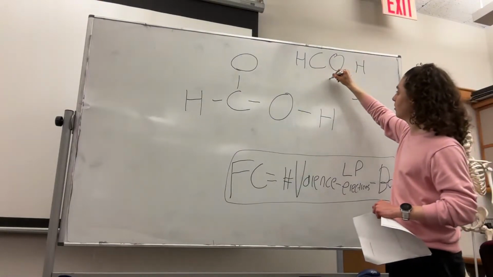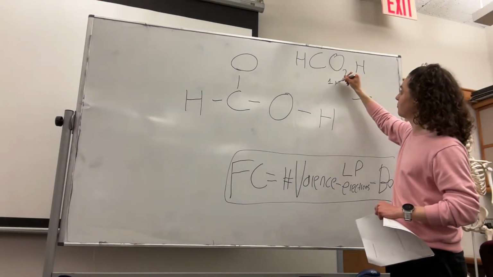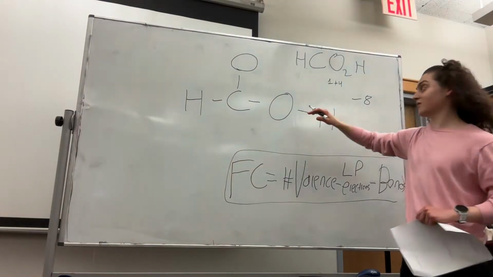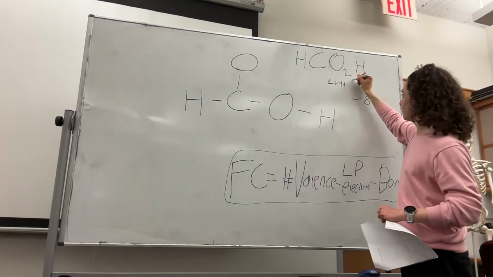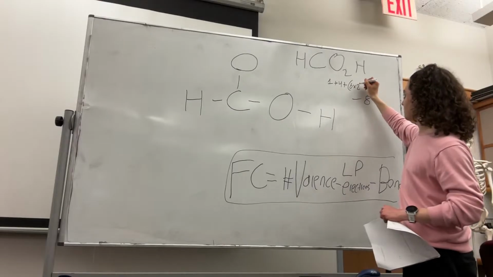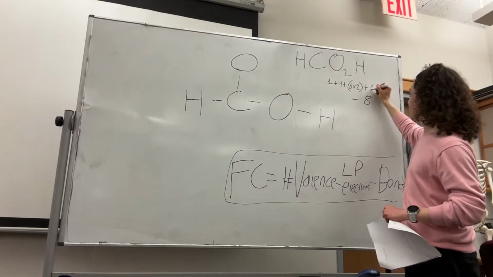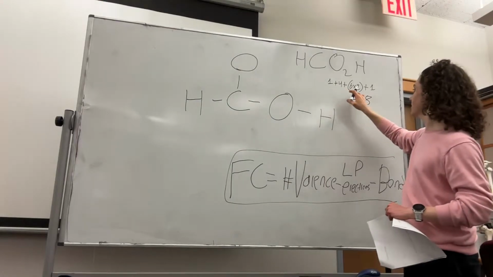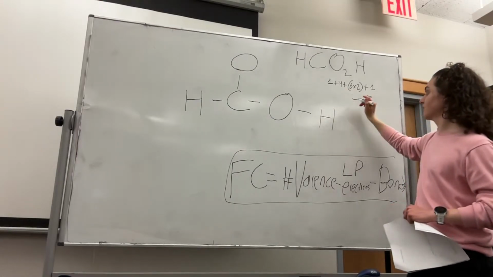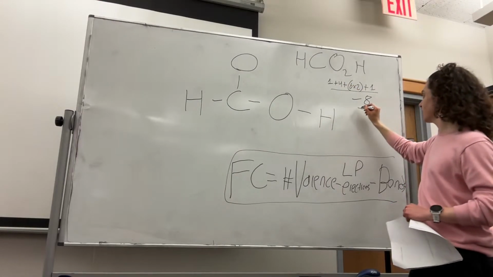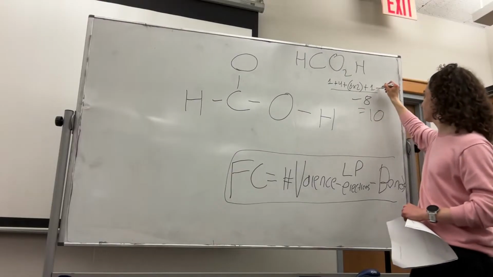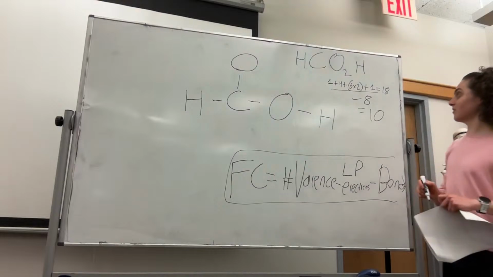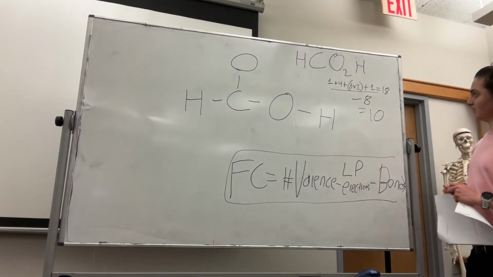It's going to be 1 for hydrogen plus 4 for carbon, and these are just valence electrons I'm taking from the periodic table, plus 6 times 2 for oxygen, plus 1 for hydrogen. So that's 1, 2, plus 4 is 6, plus 12 is 18. So 18 minus 8 equals 10. Okay, everyone with me on that total count for HCO2H?